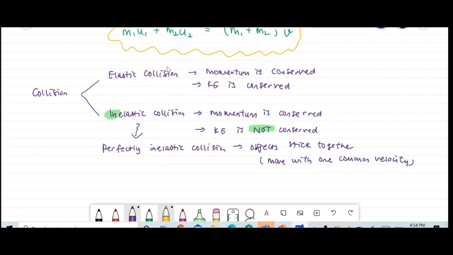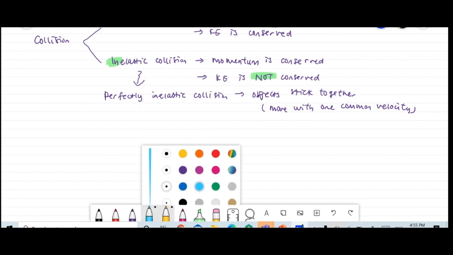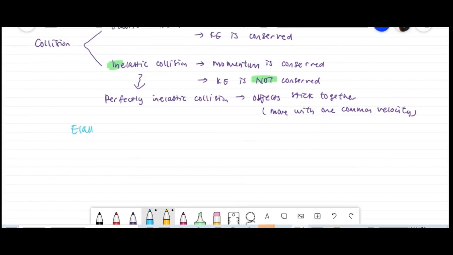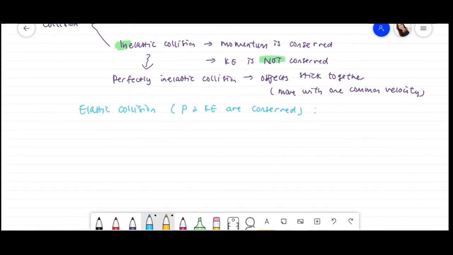Let's look at elastic collision. For elastic collision, momentum and kinetic energy are both conserved. So I write down the expression by applying the principle of conservation of momentum and the principle of conservation of kinetic energy. P is momentum.